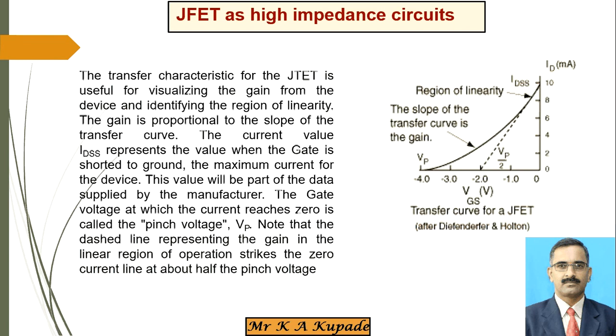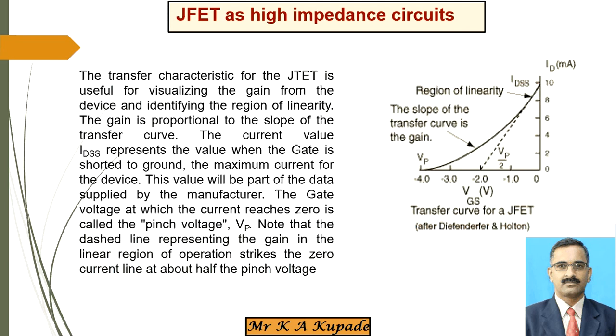Now the current IDSS represents the value when the gate is shorted to ground, and it is the maximum current you achieve for the device. This value will be part of the data supplied by the manufacturer. Remember, the gate voltage at which the current reaches zero is called the pinch-off voltage.